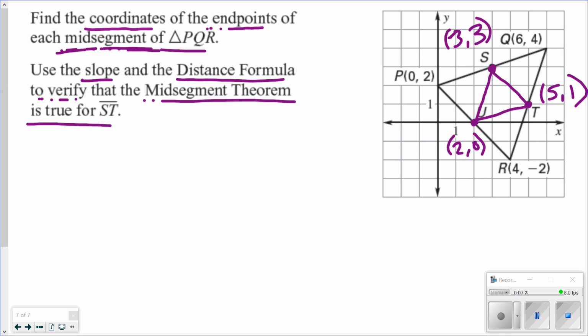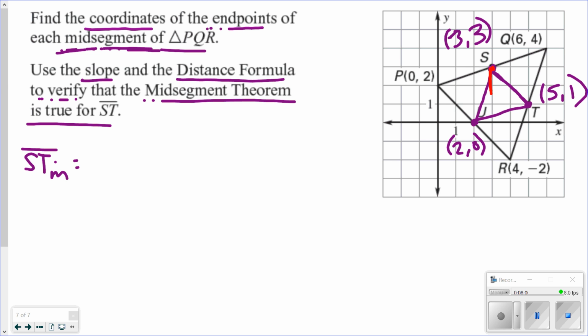So let's look at ST, this midsegment. I'm going to start by finding the slope of this segment. And remember the slope formula. I'm going to put an M because M is slope. Remember, slope is rise over run. So if I start at S, do I go up or down to go to T?